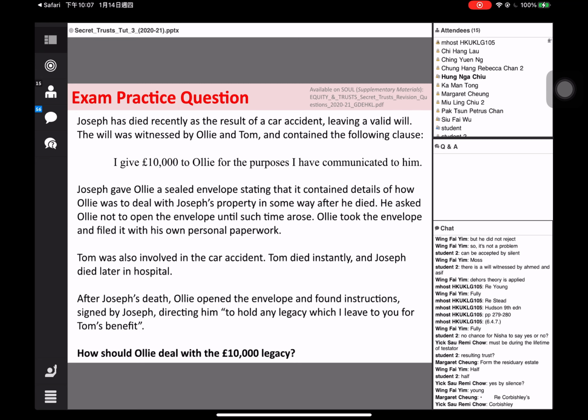So they're saying according to Re Gardner, it's an inter vivos gift, and therefore Tom's estate would receive it. Again, you can provide a critical analysis of the Re Gardner case if you want high marks. Hudson makes a critique of this, so you can look in your textbook. Hudson critiques the Gardner case.